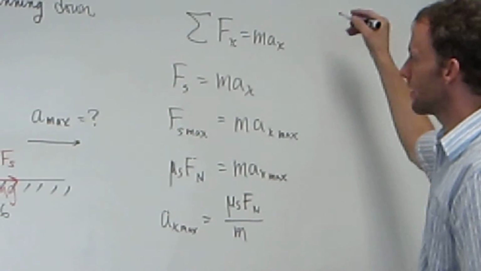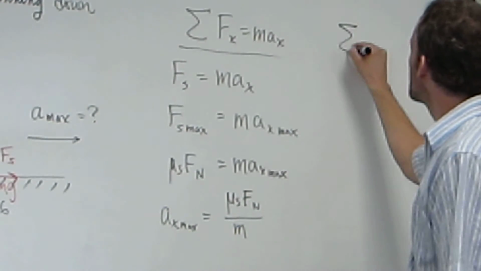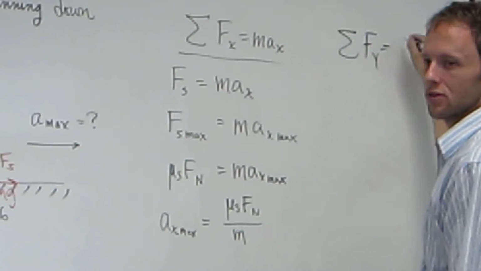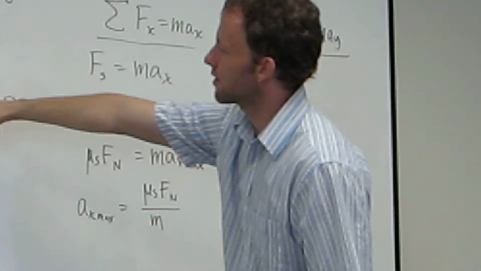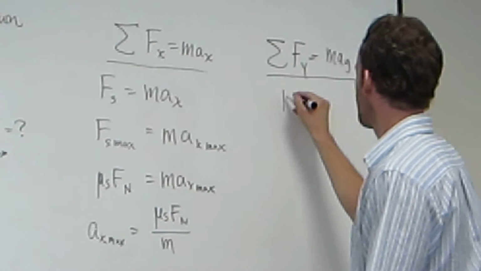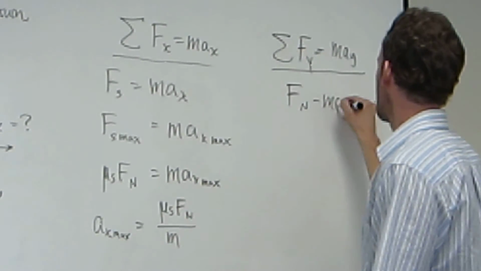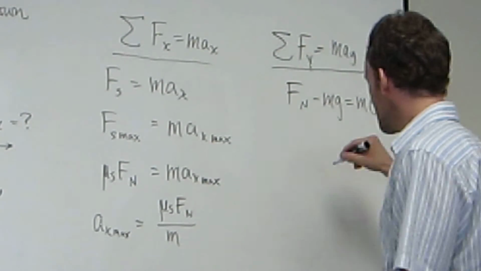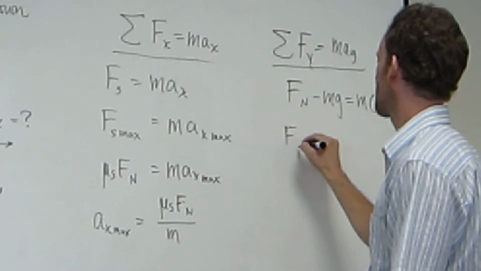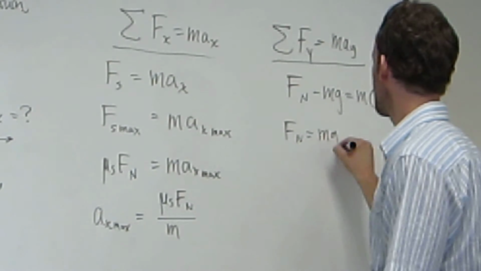Now, to figure out what Fn is, we always have to apply Newton's second law in the y direction. In the y direction, we have Fn minus mg. Acceleration is roughly 0 in the y direction, and so that tells us that Fn is equal to mg.